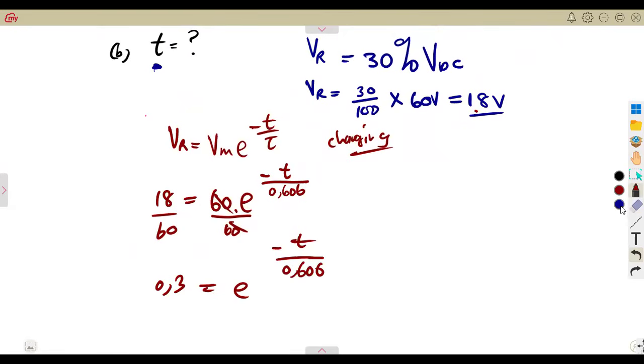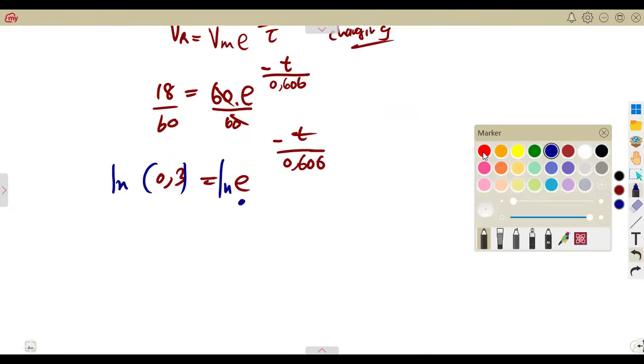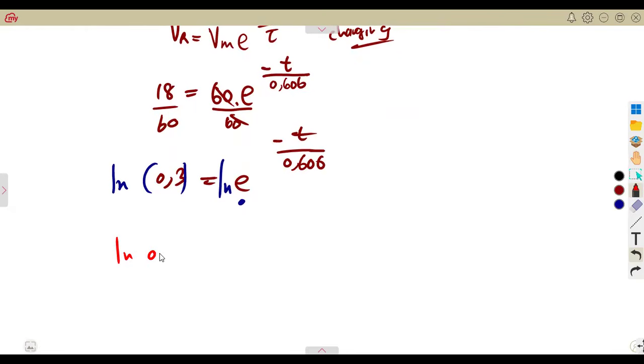I'm not going to waste much time. I talked about this, guys, how to remove this from an e that we are given. You introduce ln, a logarithm. Meaning the moment you introduce a ln, what is going to happen on the right-hand side? Sorry, I wanted to remove this.